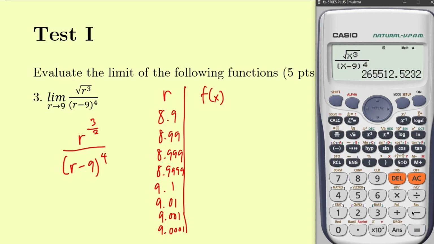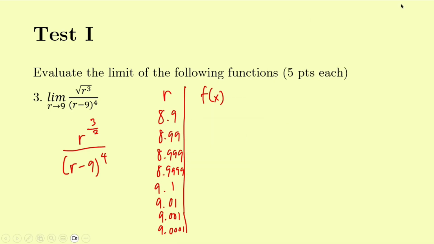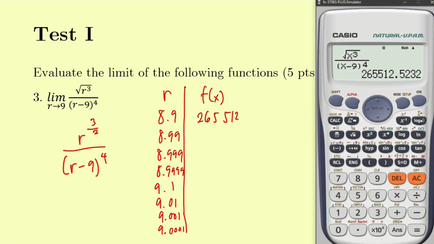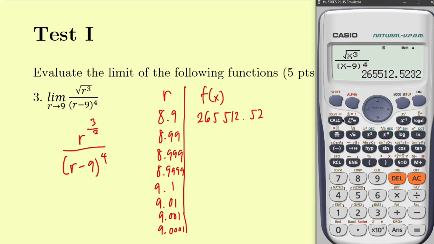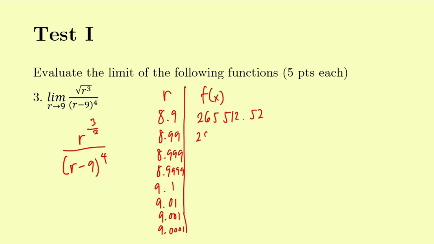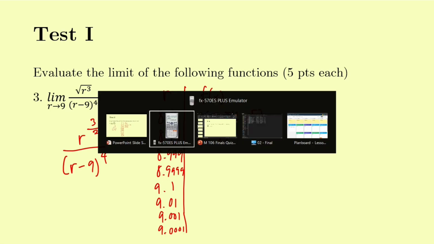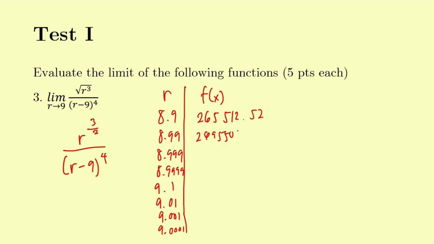8.9 gives 265,512.52. Let's see where this is approaching. 8.99. Oh, that's going to be a very, very large number. 269,550,1,250.